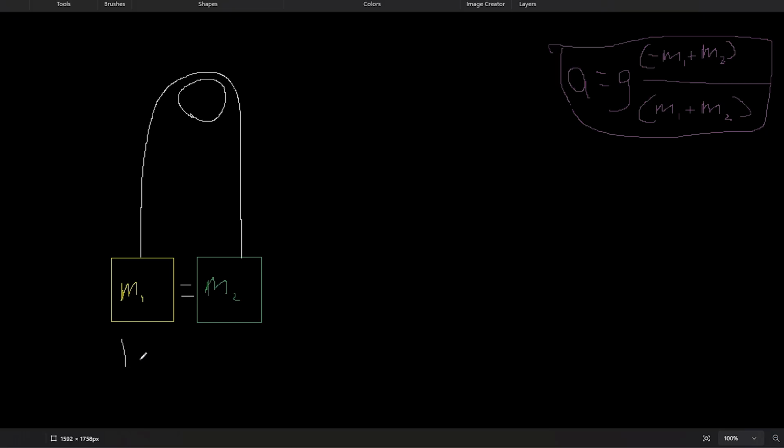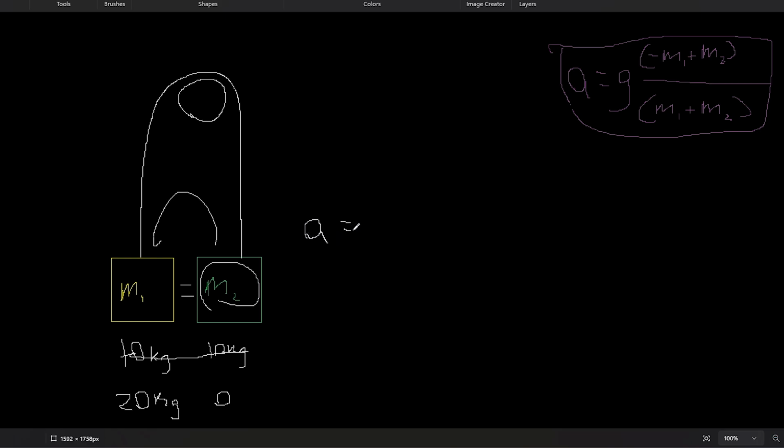Now initially, both of these masses equaled 10 kilograms. But what happens if we move this weight to this side? So m1 would now have 20 kilograms, and m2 would have 0. So let's plug that in.